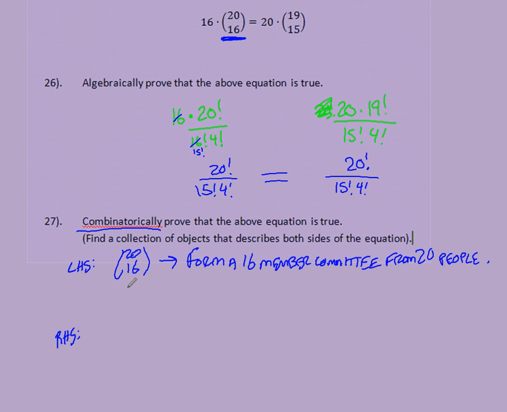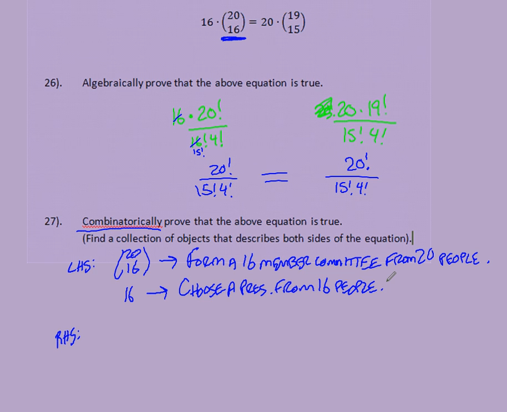And now, the number 16, that's like saying, okay, of those 16 people, we need to choose a president from the 16 people. So what this is saying is, this is a way of making a committee with 16 people on it from the 20 people and naming one of them president.